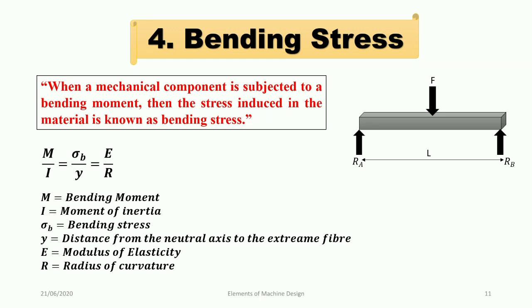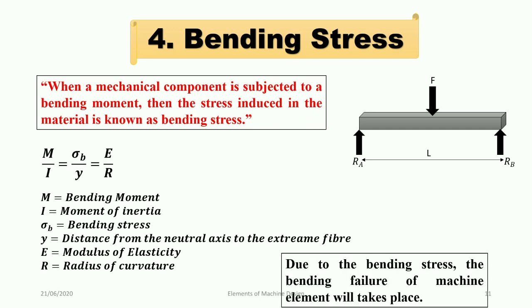From this equation, we can determine the bending stress sigma b. And the important sentence is, due to the bending stress, the bending failure of the machine element will take place.